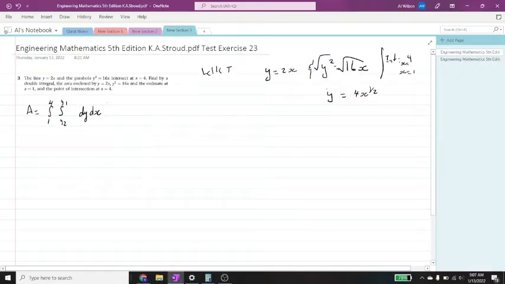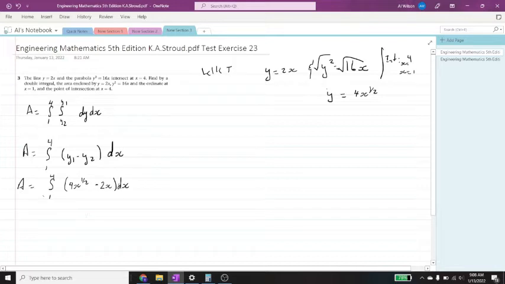So going back to this, we now have the integral from 1 to 4 of y1 minus y2 dx. So this is equal to the integral with limits 1 to 4, with y1 being 4x to the half minus 2x, dx.